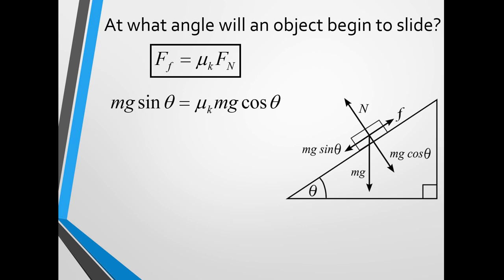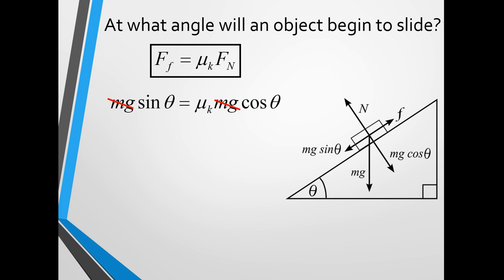And on the other side, we have the coefficient of friction multiplied by the normal force. Normal force would be, again, mass times acceleration, which from our other video we know is g cosine theta. So this equation actually works out to be mass g sine theta equals the coefficient of friction times mass g cosine theta.